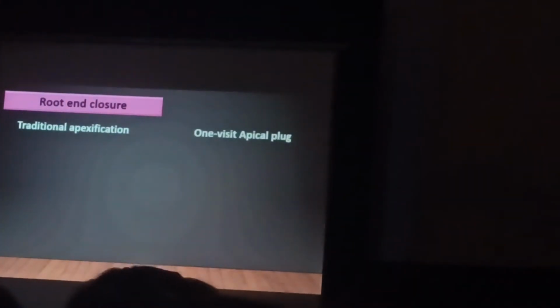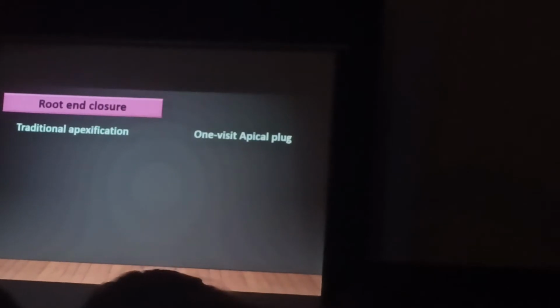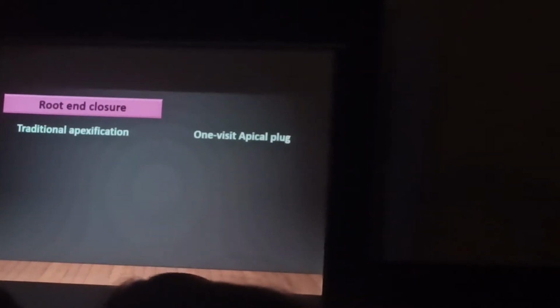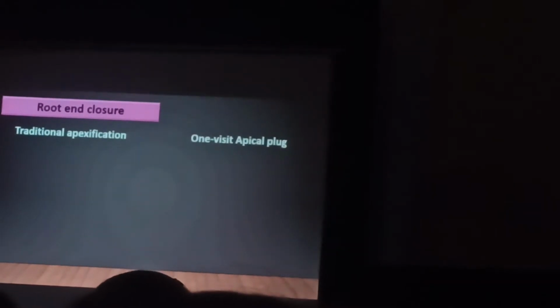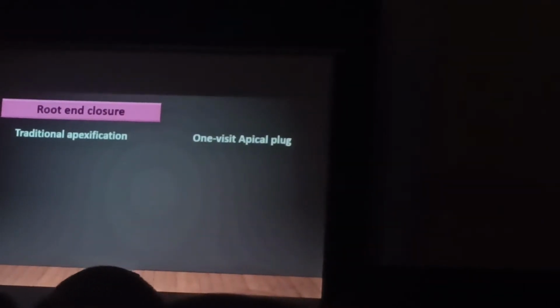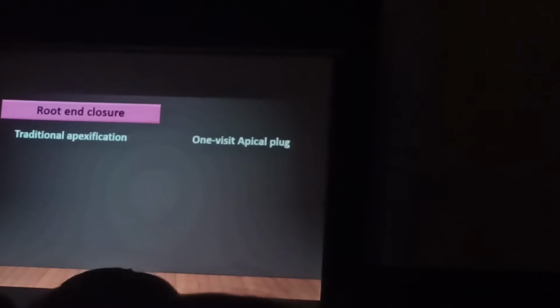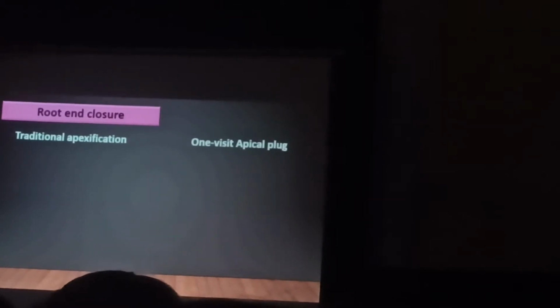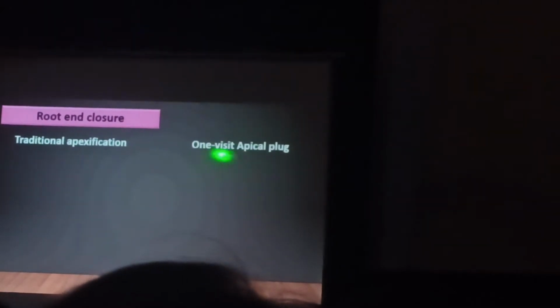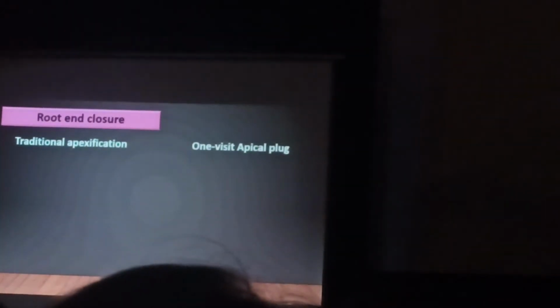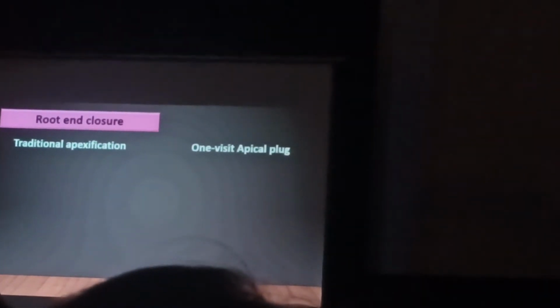To start with the root end closure technique, there are different ways to close the root. Maybe all of the students here are used to the traditional apexification with calcium hydroxide. The other one is treatment using a one visit apical plug, or we can call it an immediate apical barrier.